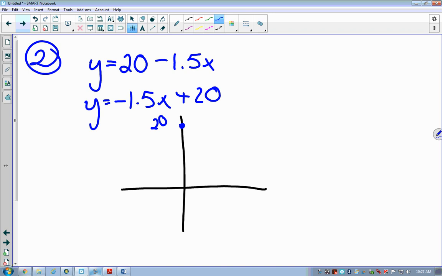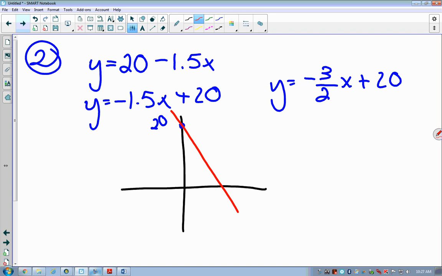My slope is negative, so negative 1.5 could be rewritten to help me get my slope calculated correctly. What might I want to do with negative 1.5? Put it in a fraction form. What's the fraction? Negative 3 over 2x plus 20. So I'm going down 3 over 2, down 3 over 2, down 3 over 2, right? So I should be getting an equation that is roughly going to look like that.